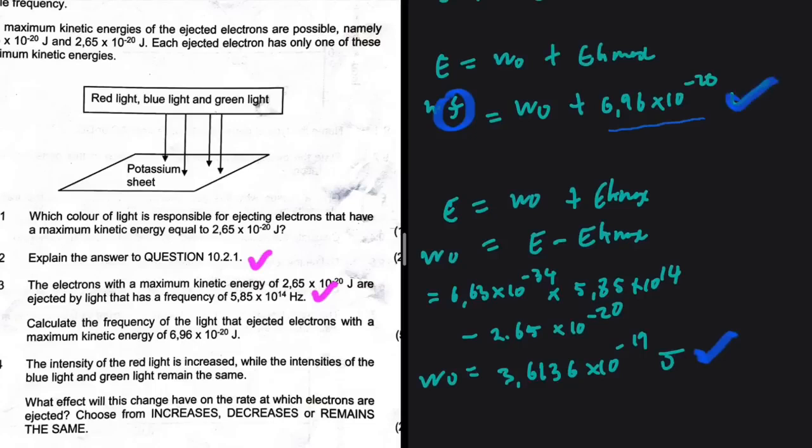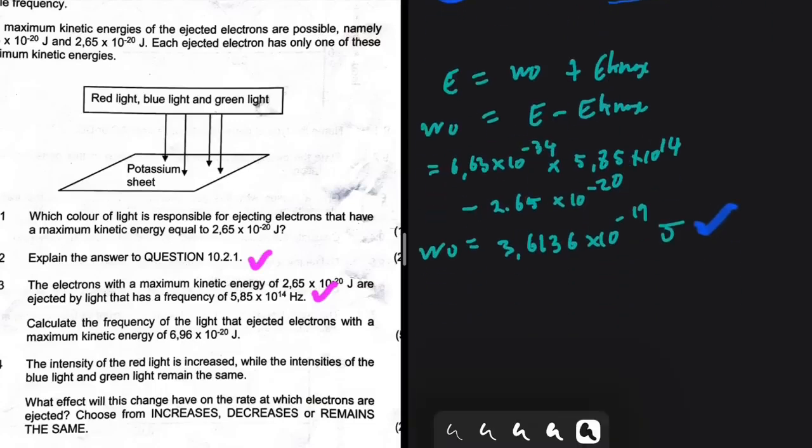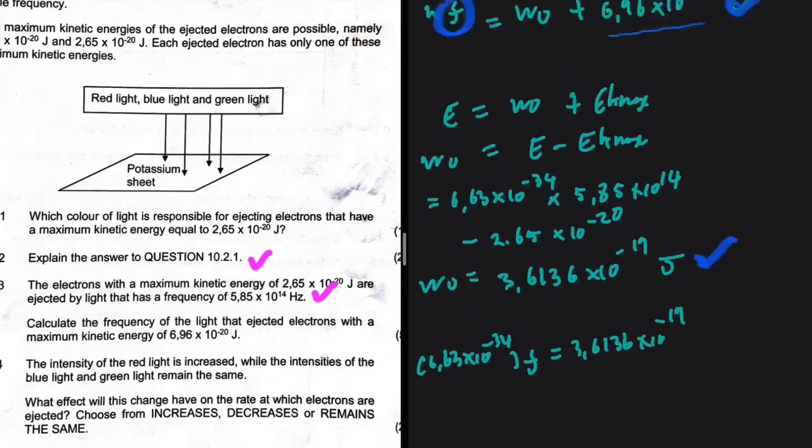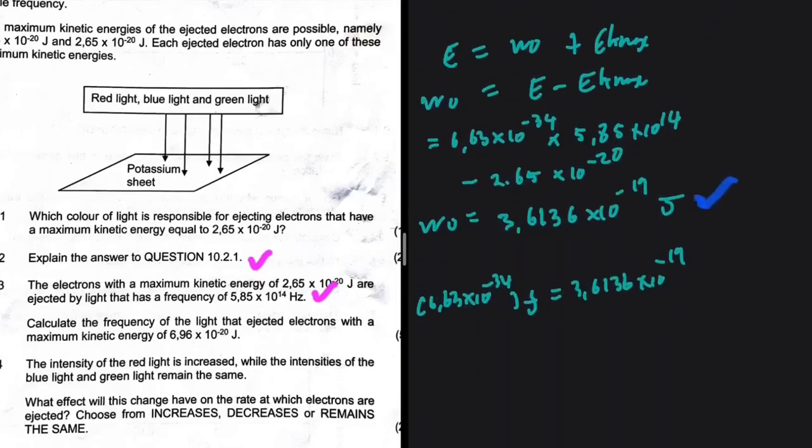So if we do that, we're going to have Planck's constant, 6.63 times 10 to the minus 34, multiplied by the frequency, that's what we're interested in, multiplied by f, is equal to the work function, 3.6136 times 10 to the minus 19, plus the EK max, not minus.